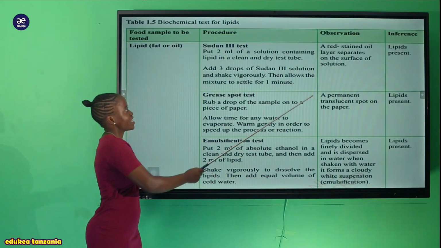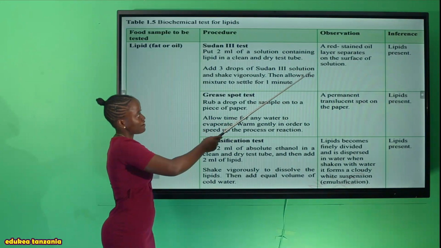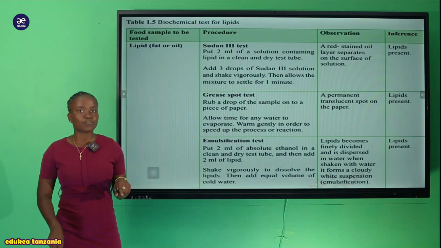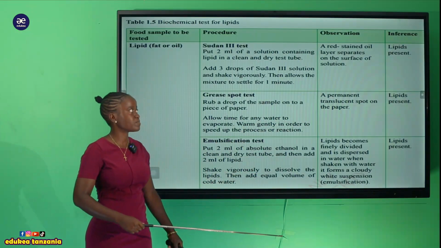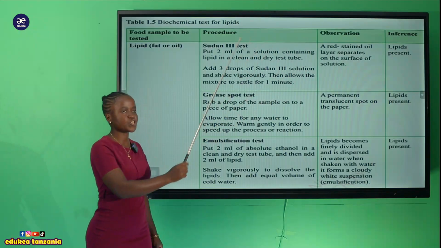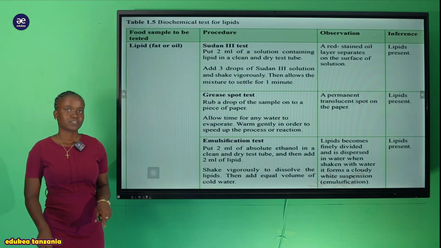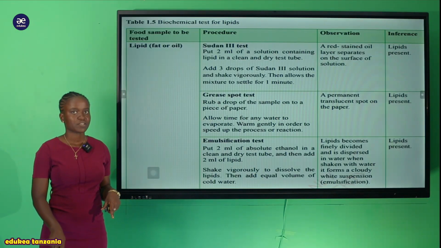If you see a presence of red stained oil separately on the surface of your solution, it means that there is a presence of lipid. And if you do not observe this, we say there is no presence of lipid. So that is how you can test by using Sudan III.